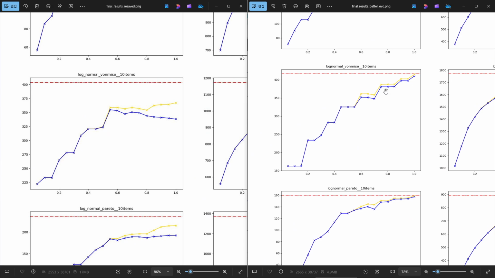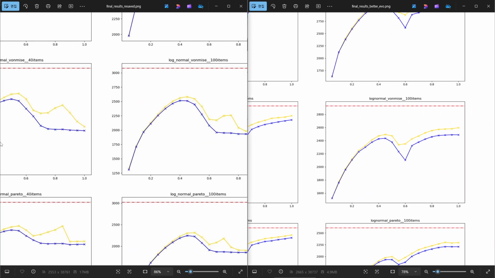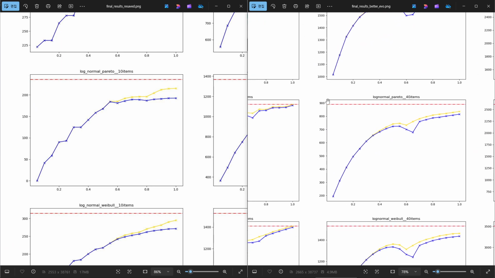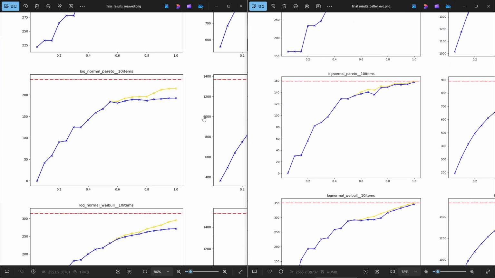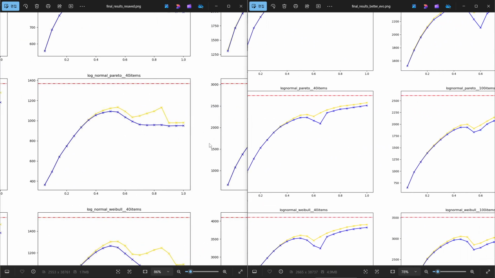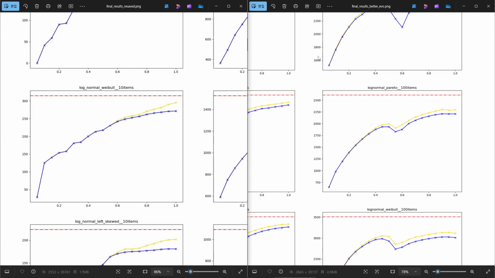Log normal von Mises. Yeah, we have these steps. 40 items, 100 items. Log normal Pareto. 10 items, 40 items, yep, 100 items. Yep, we have that.